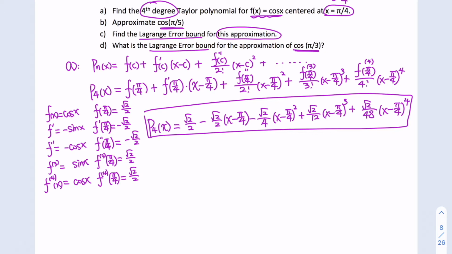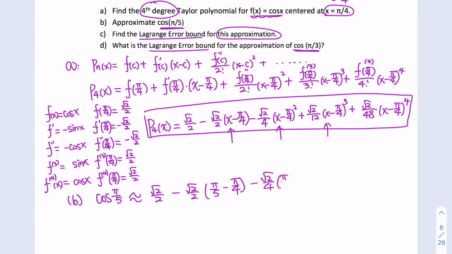B, we are trying to approximate cosine of pi over 5. So cosine of pi over 5 will be approximately equal to the polynomial where all the x here will be replaced by pi over 5: square root of 2 over 2 minus, and so on.